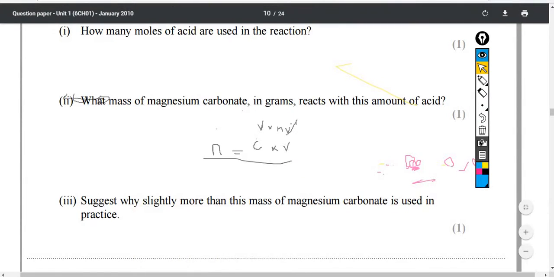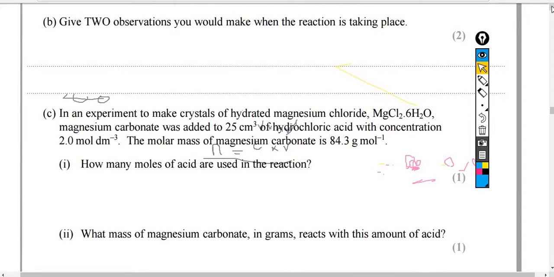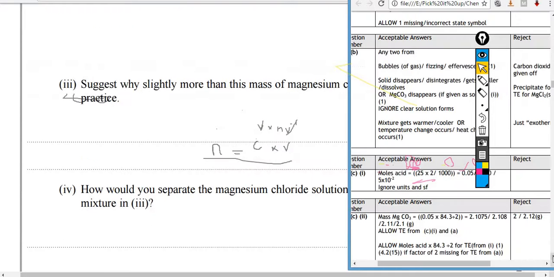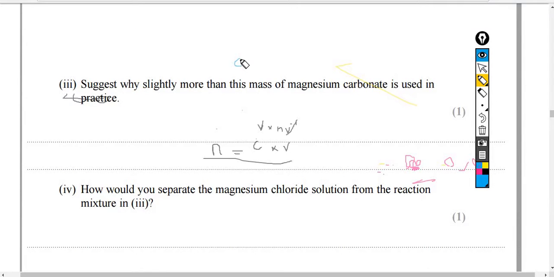Again, regarding magnesium carbonate, what are the data you have here? So for magnesium carbonate, you are being given the molar mass, and 0.05 moles of HCl was there in the mixture.